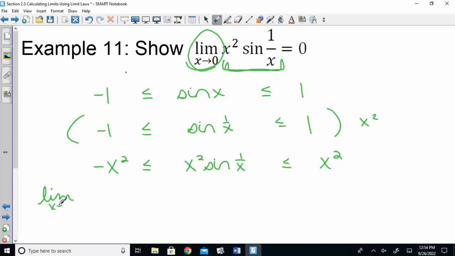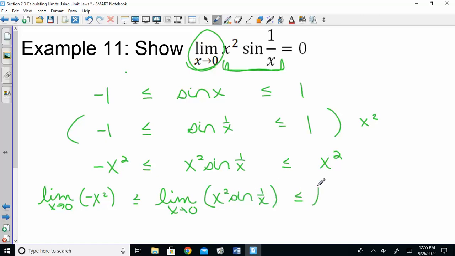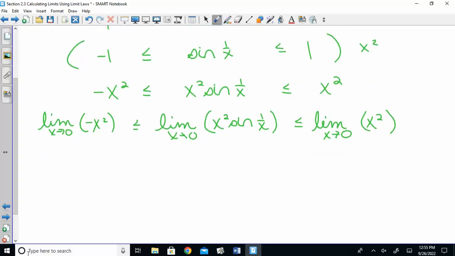So I'm going to add a limit as x approaches 0 on each of these pieces. But we are in really, really good shape now.